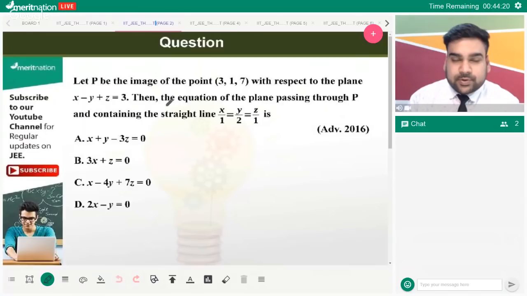The first question I'm going to discuss with you is a JEE Advanced 2016 problem, based upon the equation of a plane, and there is a point given to you. You are supposed to find the image of that point first. After finding the image, you have to find the equation of one more plane which passes through this image and contains the given straight line.